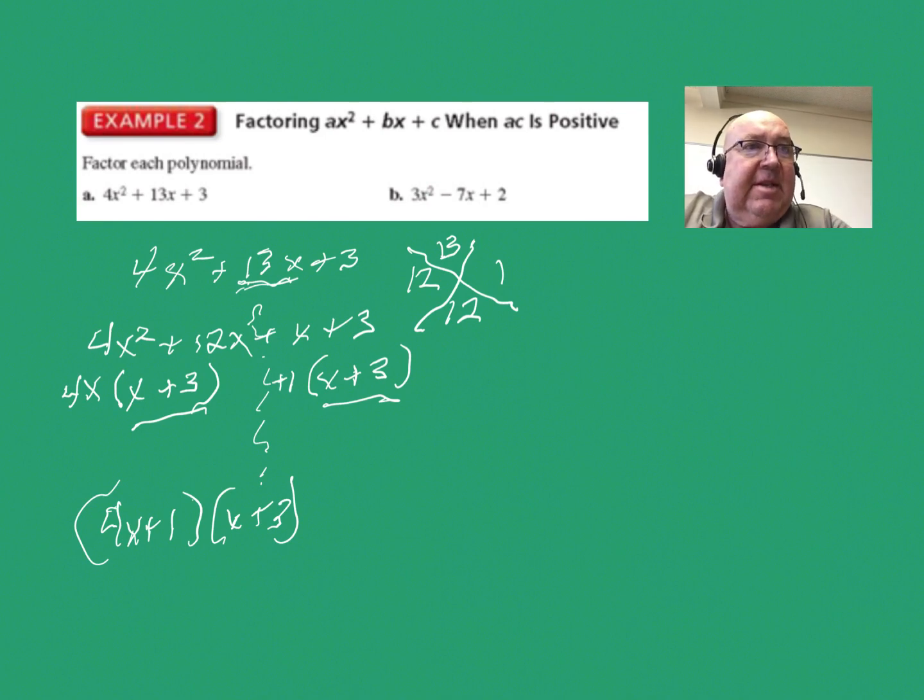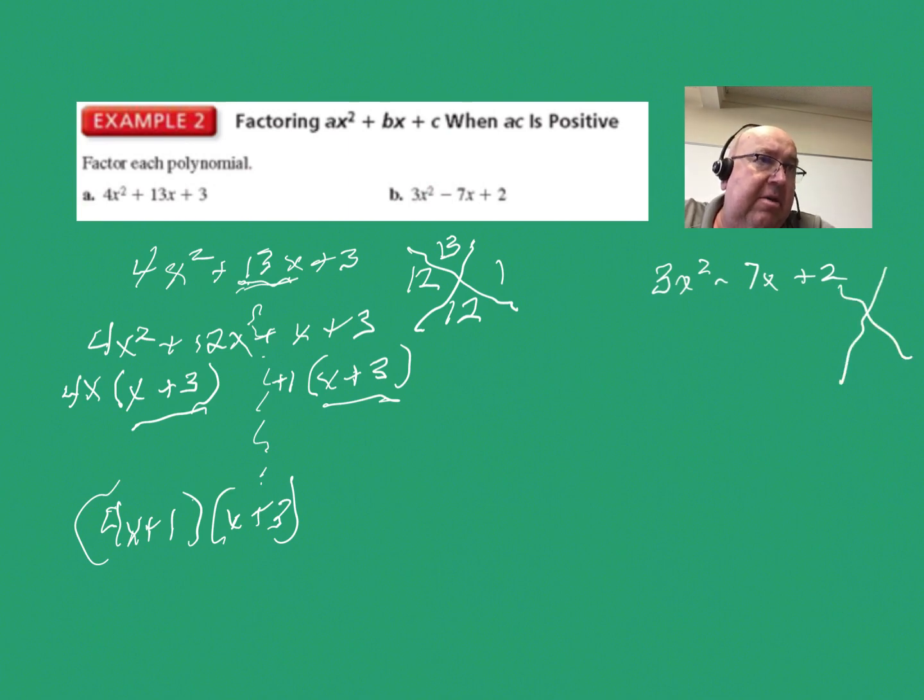Let's look at that with problem B. 3x squared minus 7x plus 2. Alright, so we're going to do our little trick here. We get 6 and we get negative 7. We know that because the 6 is positive, both our factors are going to be negative, so we're going to have negative 6 and negative 1.